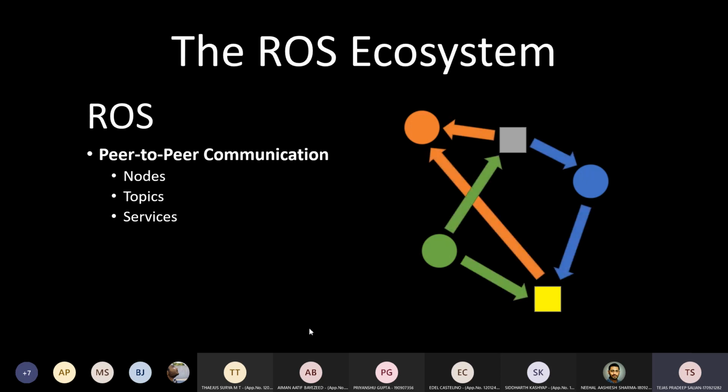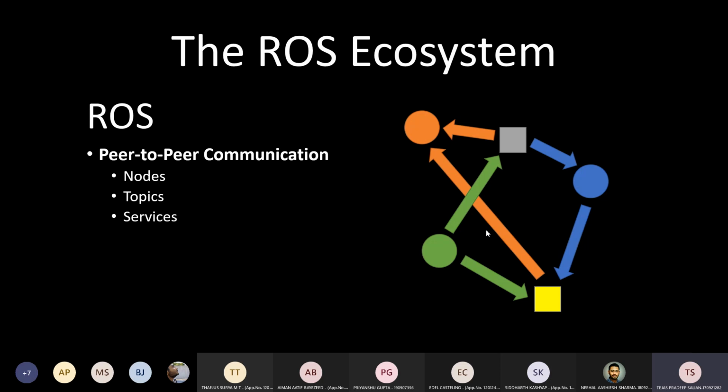You send your information through the node, which is the script, and you write your code on it. This is basically called a publisher subscriber system, where one node will be publishing the data and the other node, which has to do the work, will subscribe to it via topics, and then it does the work.